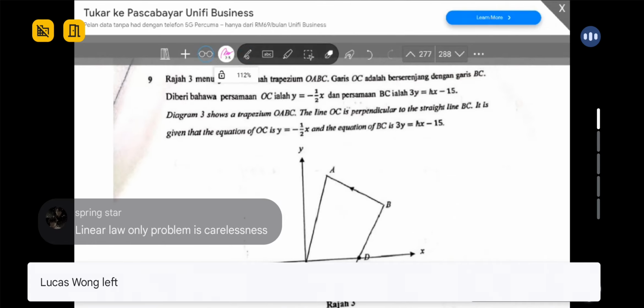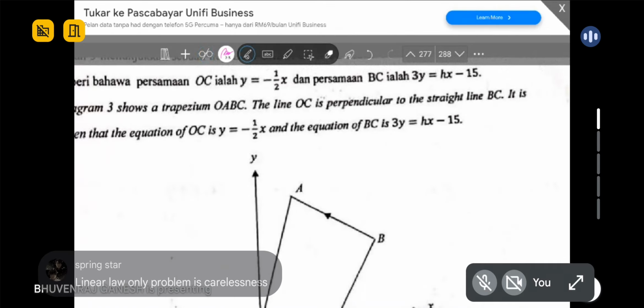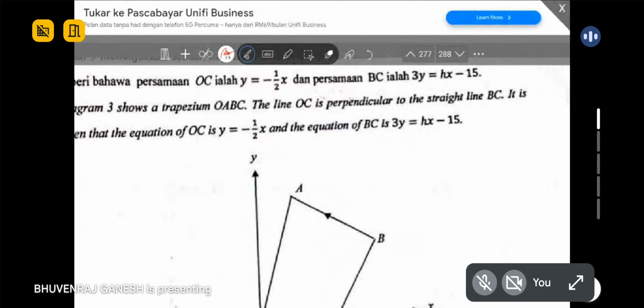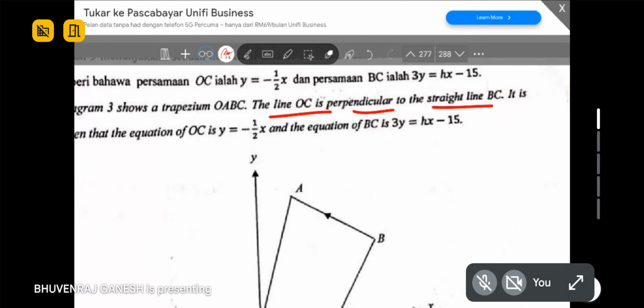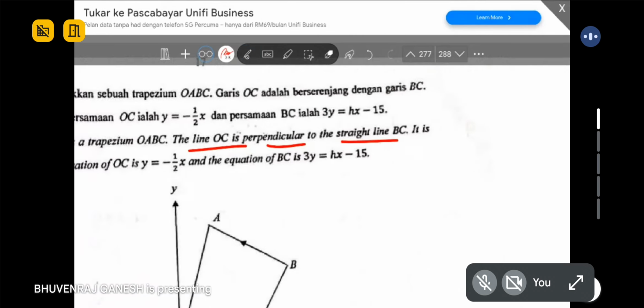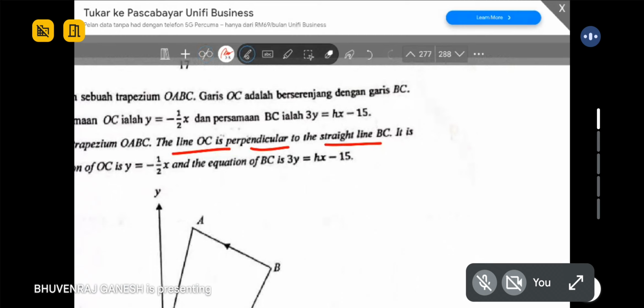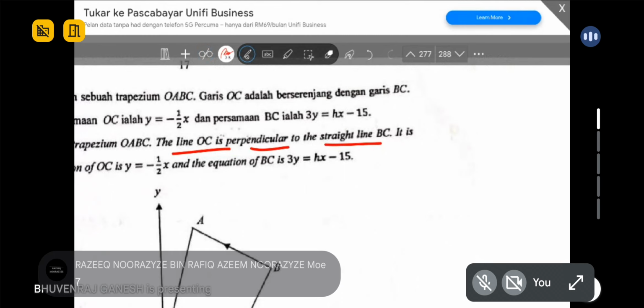Find the value of H. So first step, whenever you see coordinate geometry, you must label, guys. OC perpendicular optimal point. I never heard that before also. What chapter is this one? Optimal point. Form 4 chapter 7? Are you sure?